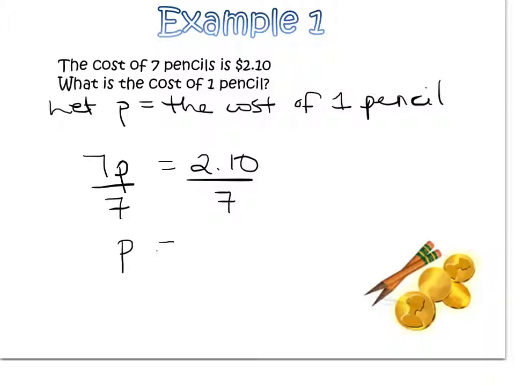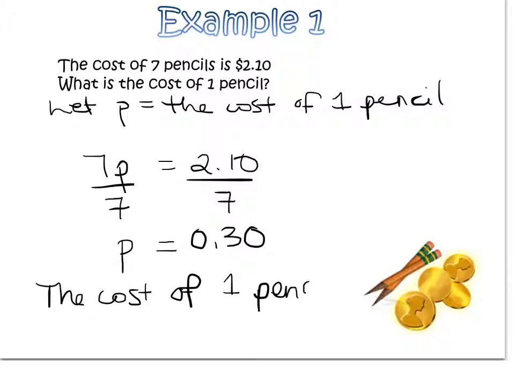So P is equal to $2.10 divided by 7 is 30p, or 0.3. Okay? And then my final step is just to write a sentence with an answer using the correct units. So the cost of 1 pencil is 30 cents.